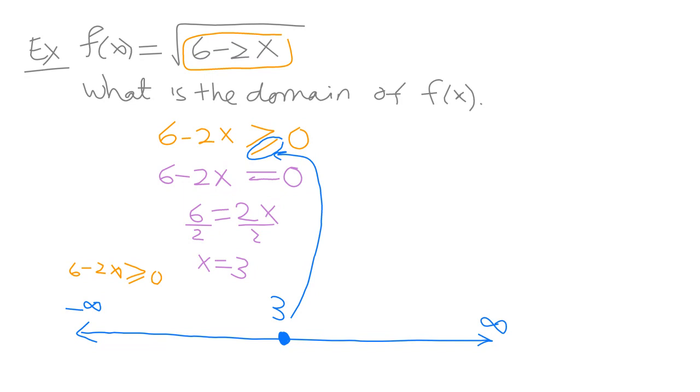How? Just pick a number to the left of 3 and another number to the right of 3. For example, x equals 4 to the right. Now ask yourself, does x equals 4 satisfy this inequality or not? Just replace x with 4. 2 times 4 is 8, 6 minus 8 is minus 2.